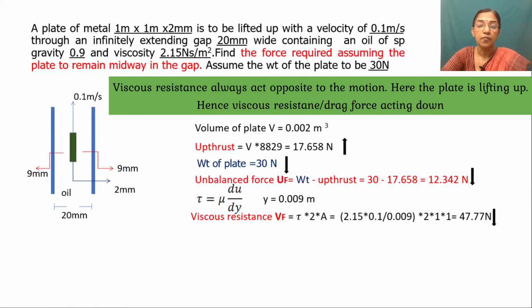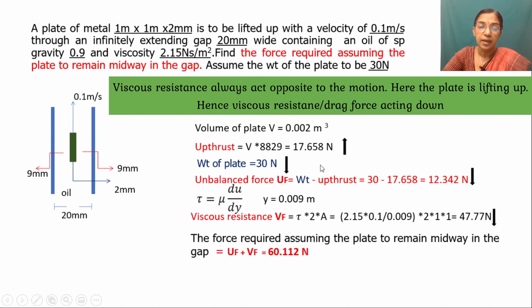So the total force we have to apply to keep this metal plate within the middle gap is the summation of this unbalanced force and the viscous resistance, that is 60.112. By summing these two values, this is the total force required to keep this metal plate in the middle, but it should act in the opposite direction.